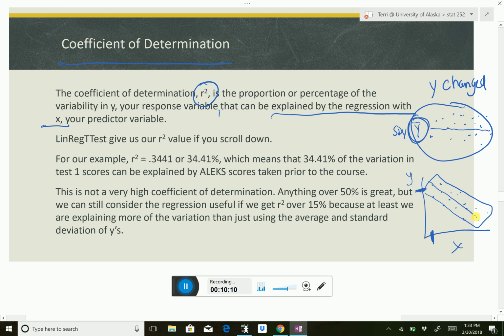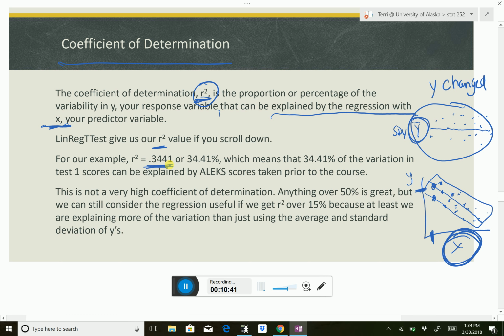And so we do the regression and we figure out what proportion of this variation, so Y changes from this to this to this, has to do with X, could be explained by X. And when we do that, that kind of gives us an idea of how important or how useful our regression line is. So we have our R squared.